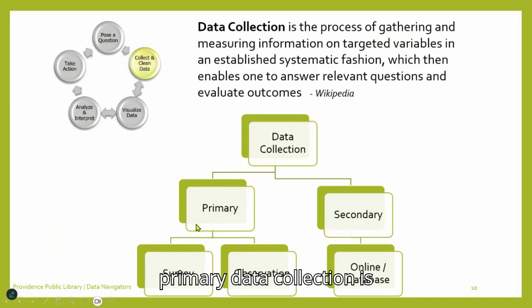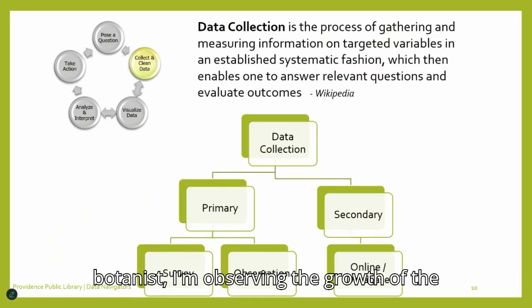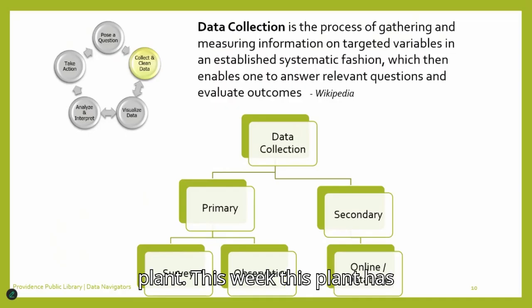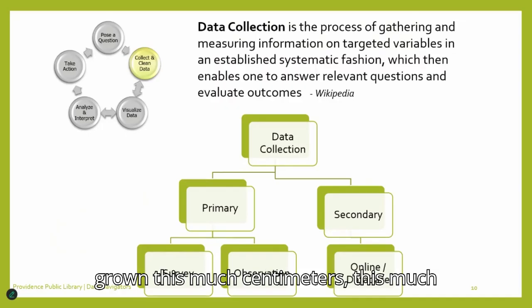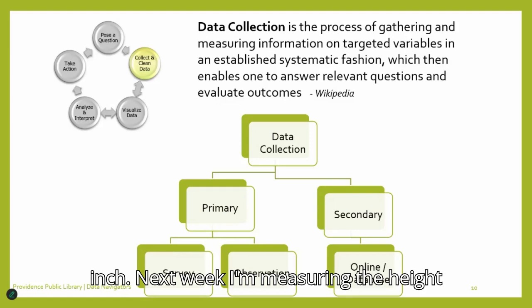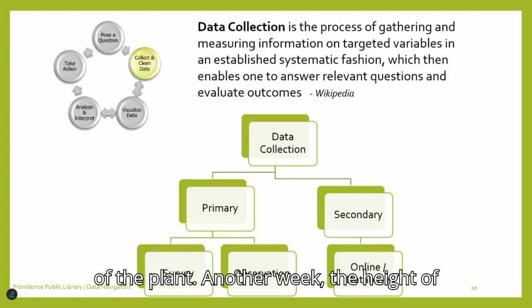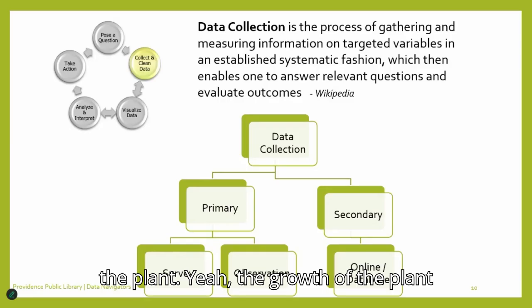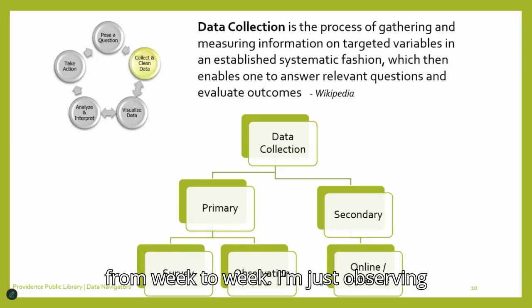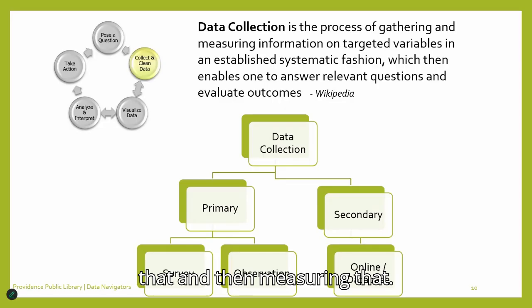Okay, primary data collection, this is observation. Let's say that as a scientist, as a botanist, I'm observing the growth of the plant. This week, this plant has grown this many centimeters, this many inches. Next week, I'm measuring the height of the plant. Another week, the height of the plant. The growth of the plant from week to week, I'm just observing that and then measuring that.